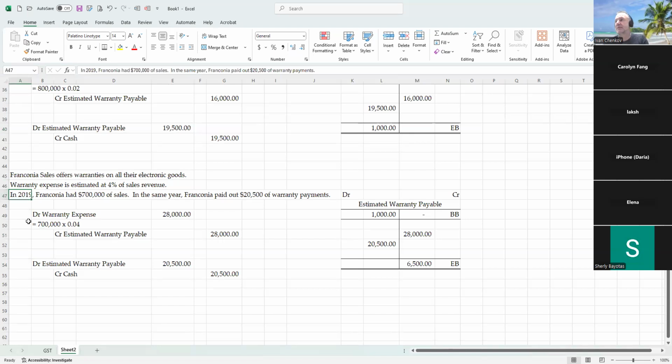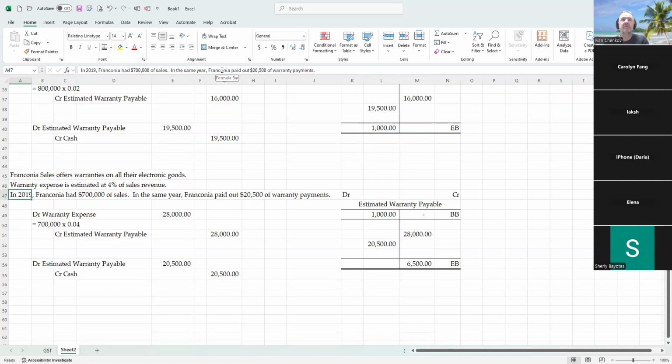If the customer comes and says the computer doesn't work, I don't want to give him cash. What can I give him? Another computer. If I use another computer, let's say in the same year, she didn't pay out.